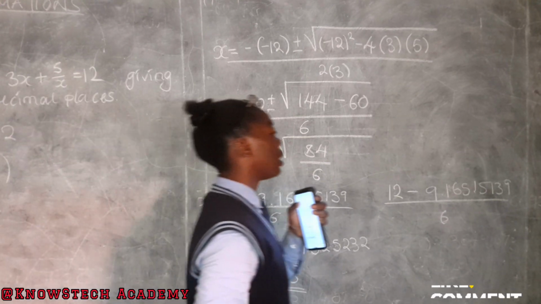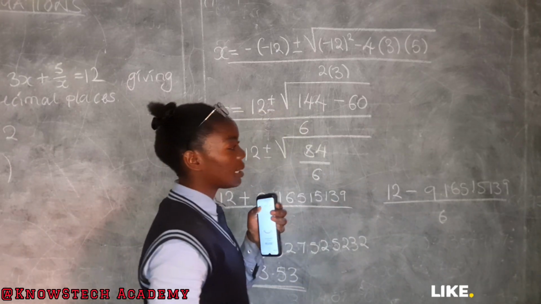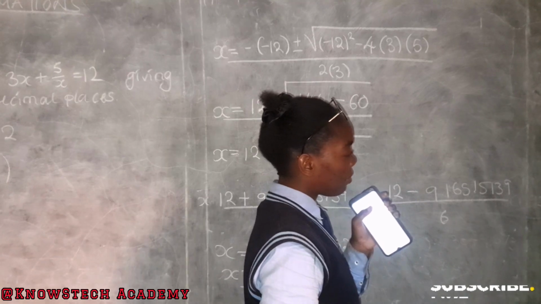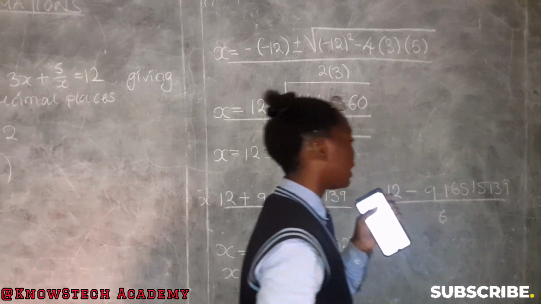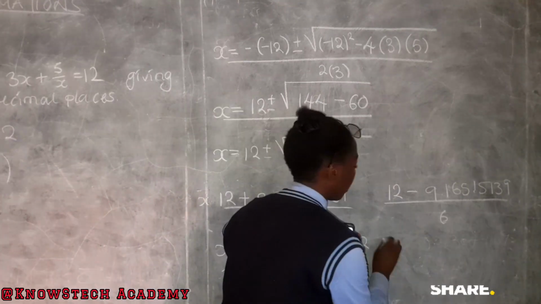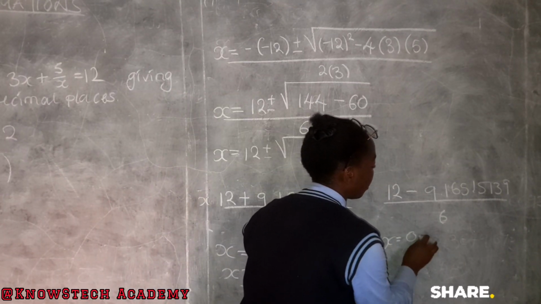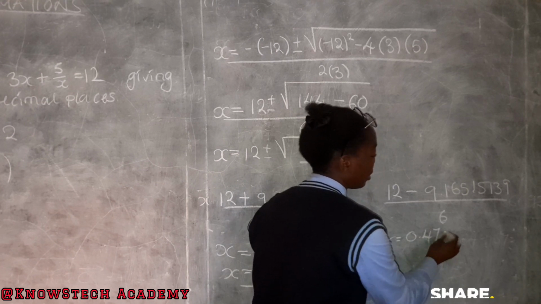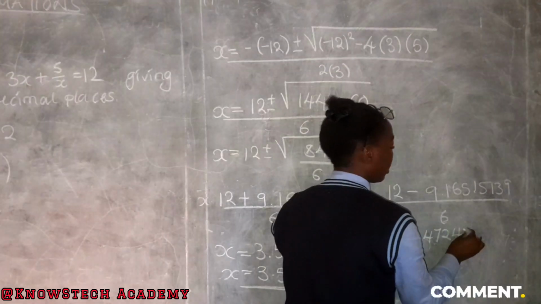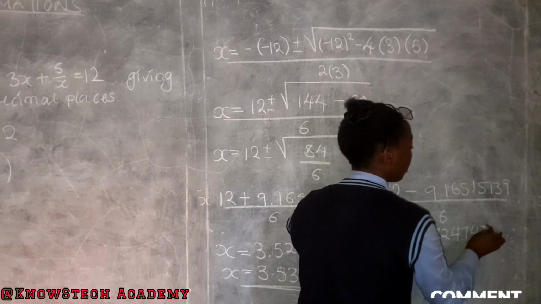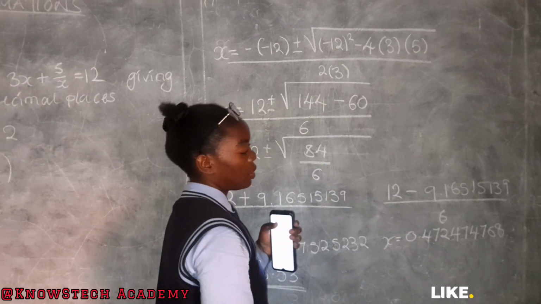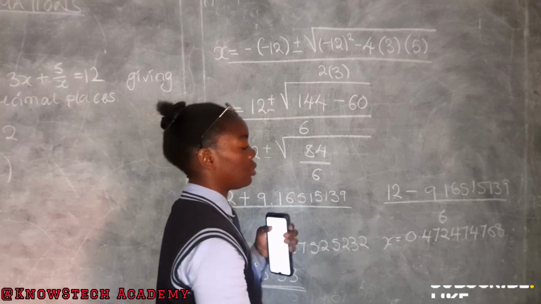Then on our calculator, can someone please punch 12 minus 9.16515139 divided by 6? 0.47. So we're supposed to write down this answer to 2 decimal places.